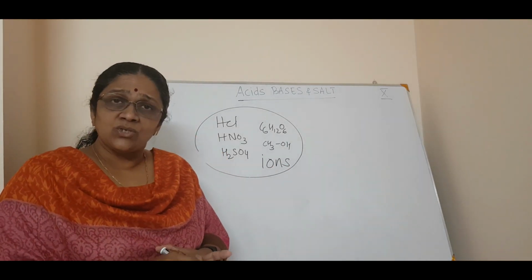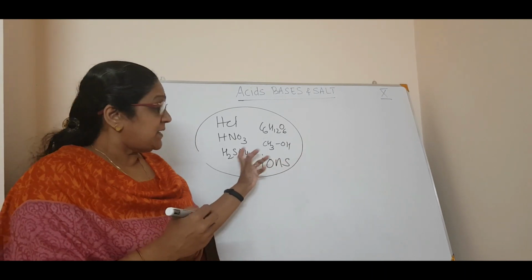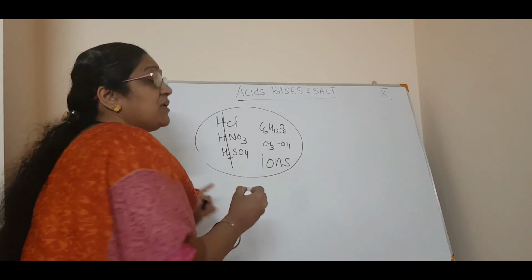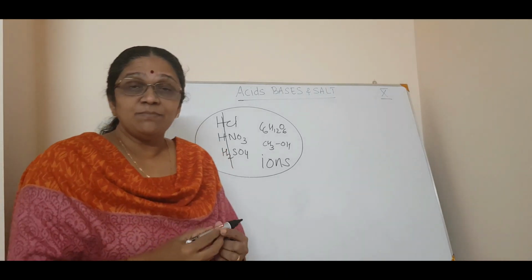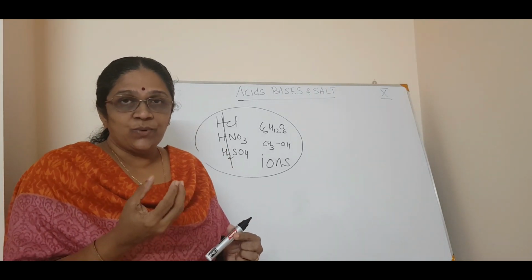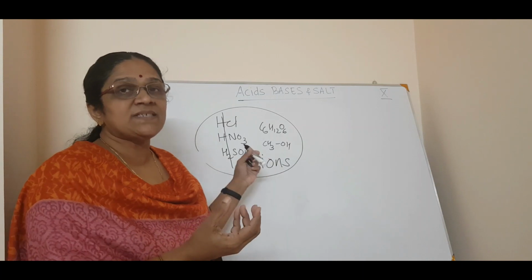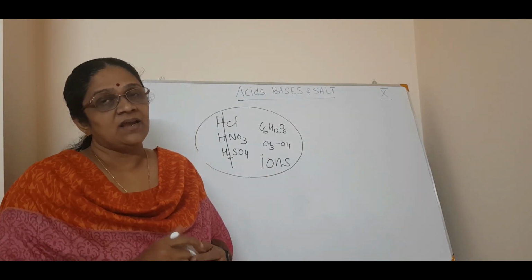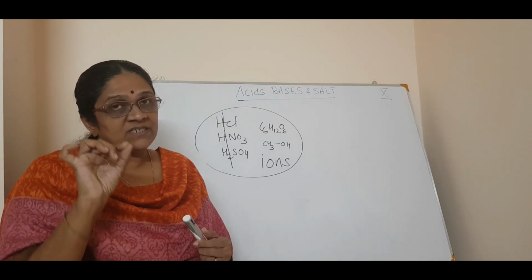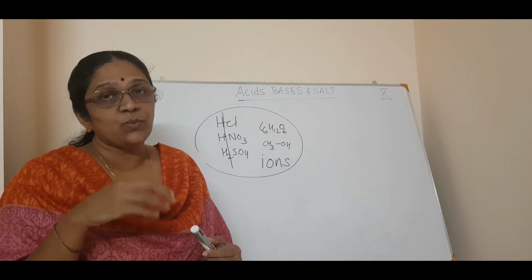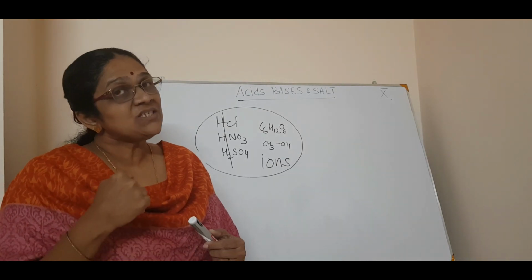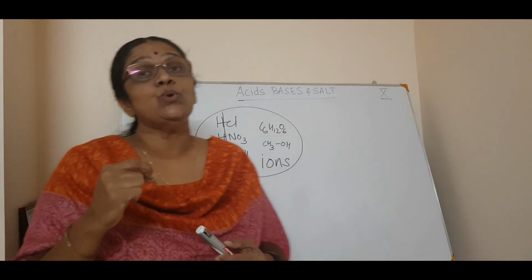So, I told you about the H plus ions, because what was the definition we gave for an acid? An acid is any substance which can furnish H plus ions in solution, isn't it? The substance which can give H plus ions in solution. So I stress the point: in solution.